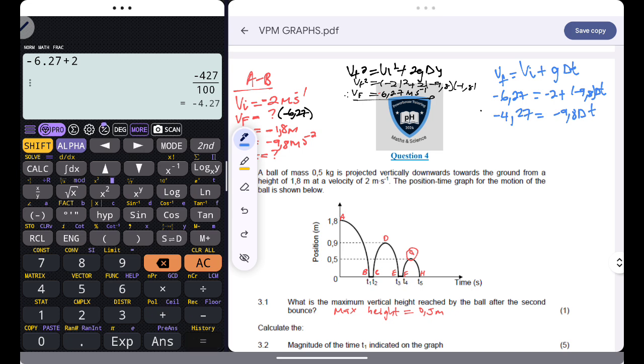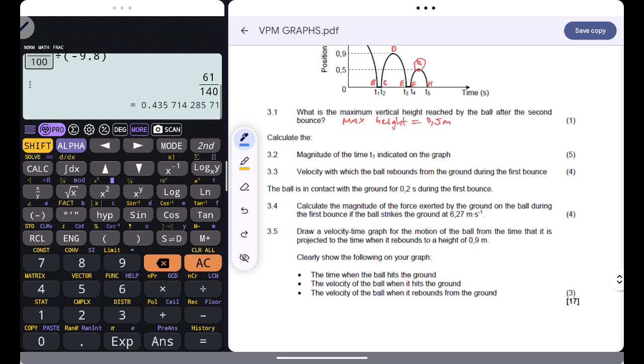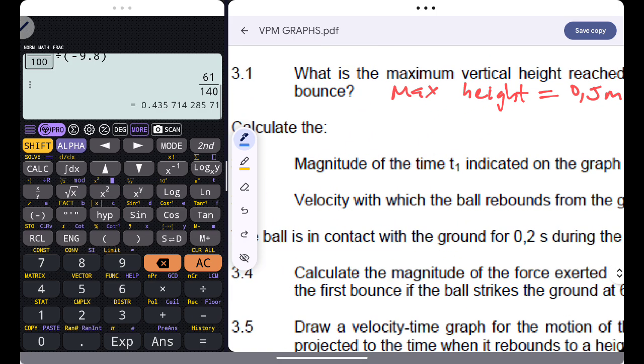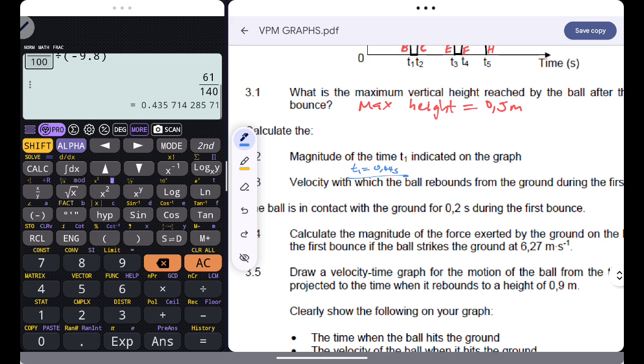So I'll just divide my answer by negative 9.8 to find the time it took. So delta t is equal to 0.44 seconds. So it only took 0.44 seconds for the ball to reach the ground.